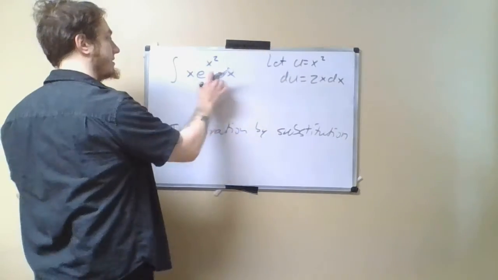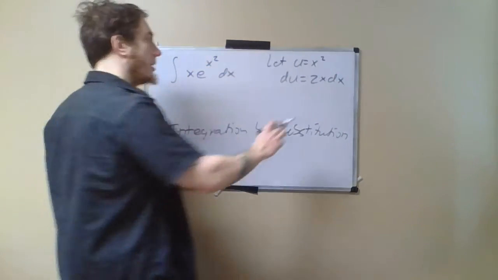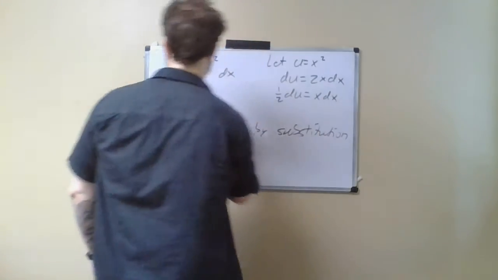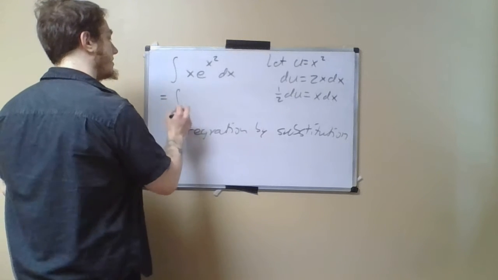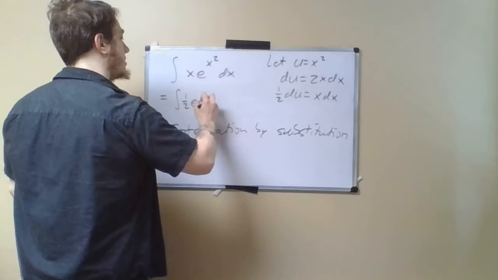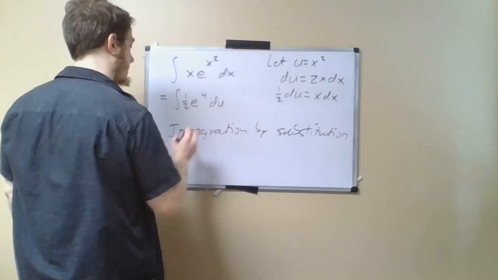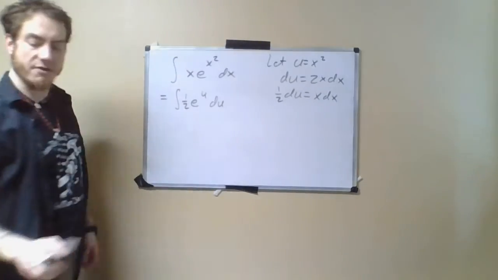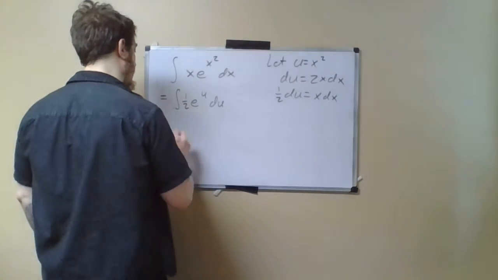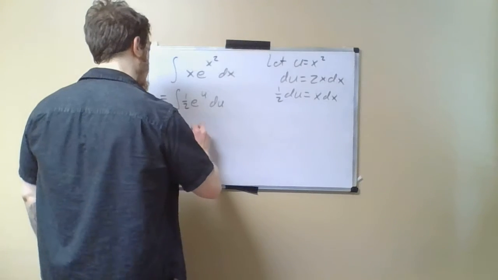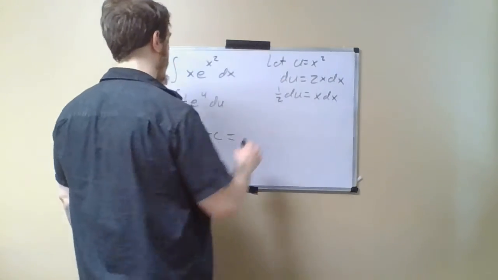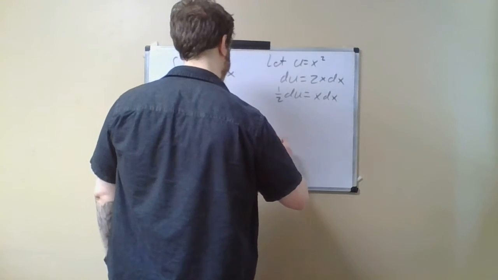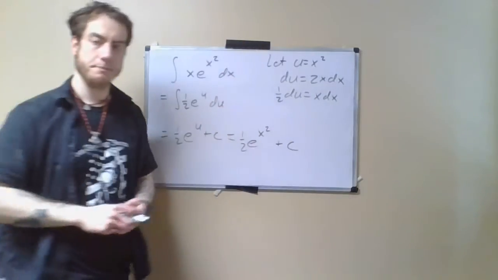Now, I don't have a 2x dx, I just have an x and a dx, but that's okay because that just means 1/2 du is x times dx, and I can rewrite this as the integral of 1/2 e to the u du. Well, what is that going to be? We know the antiderivative of e to the u is still just e to the u, so this is 1/2 e to the u plus a constant, and if we rewrite this in terms of x's again, we get 1/2 e to the x squared plus a constant.